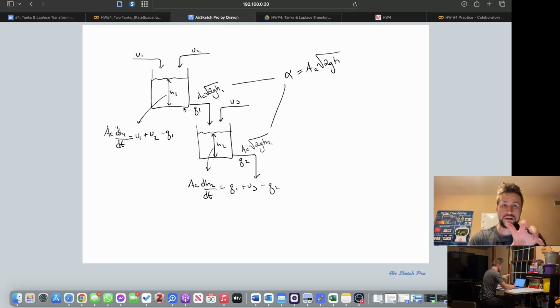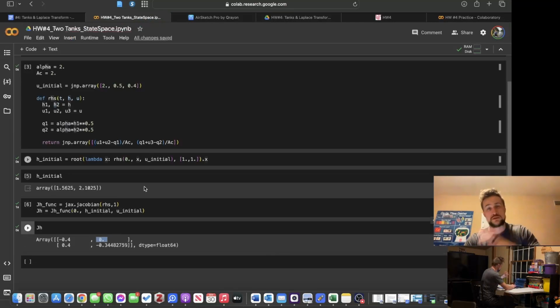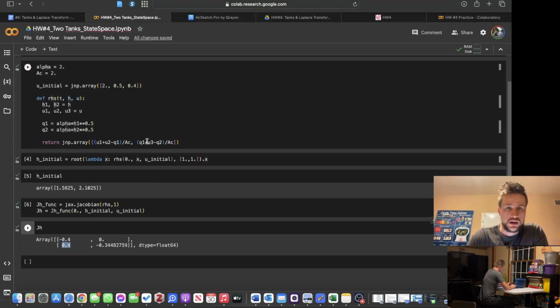That's not going to have any impact on the fluid height in tank 1, and that is indeed what we see here. But tank 2, on the other hand, is impacted by both the fluid height in tank 1 and the fluid height in tank 2. And so we see here our function in tank 2 is impacted here by the height in tank 1, and it's also impacted here by the fluid height in tank 2. And so that is what we're doing here.